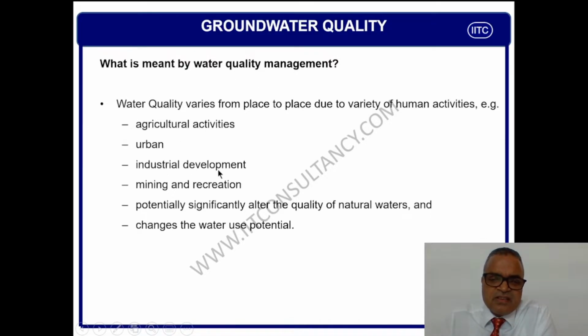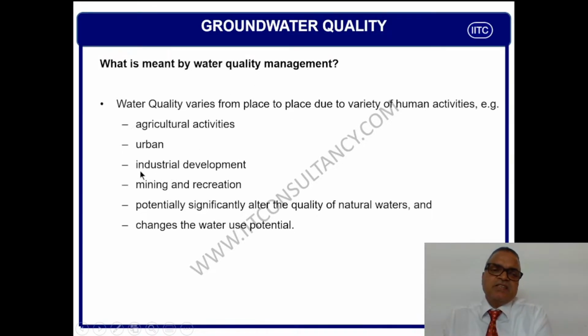Industrial activity. In the industrial zone, because of different kinds of activities, there are different chemical formulations and chemical activities, and because of that the water quality may also vary.